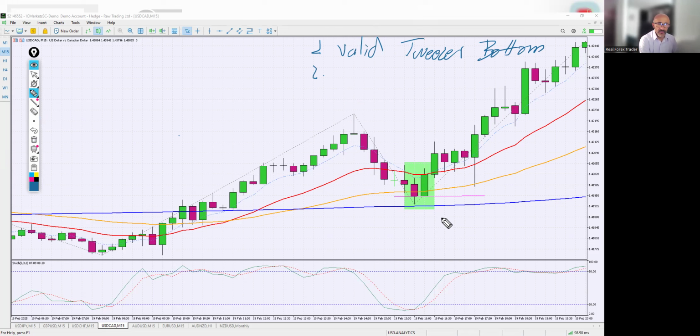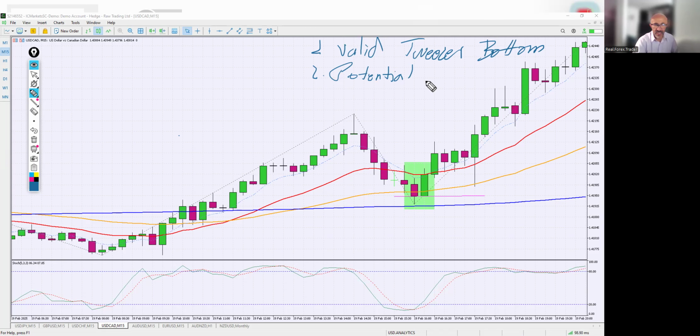Second thing, it is at the end of the correction. Okay, it's going up, correcting. So it's signaling the end of my downtrend. All right, so potential. Remember that nothing in Forex, in trading, stocks, futures, whatever, is for sure.